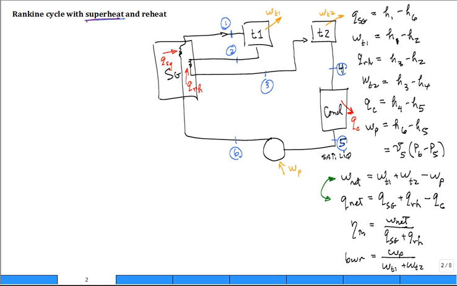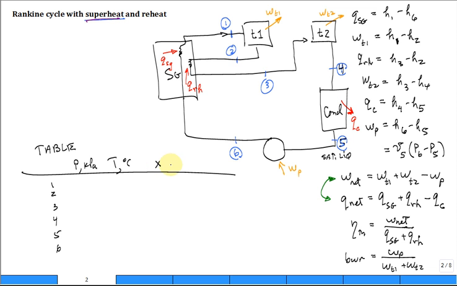Do I have any other typos or miswrites up here? Okay. So the strategy is make that table, and in that table I recommend that you put the states 1, 2, 3, 4, 5, 6, and then put the pressure maybe in consistent units like kilopascals, temperature in degrees C, some quality or description, some enthalpy, some entropy. And then start populating this table. Often we know the pressures everywhere. Okay?